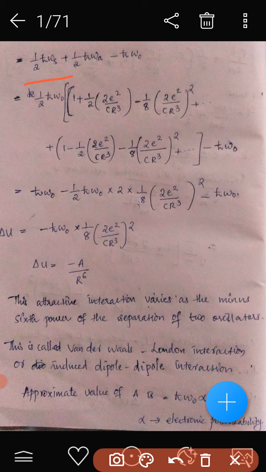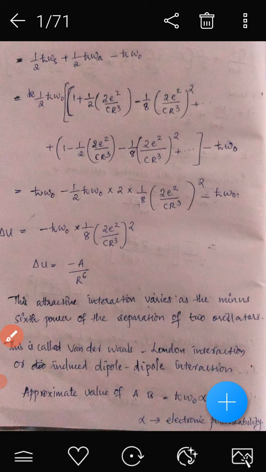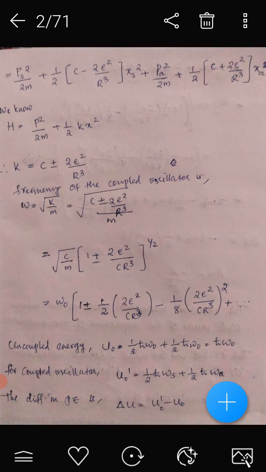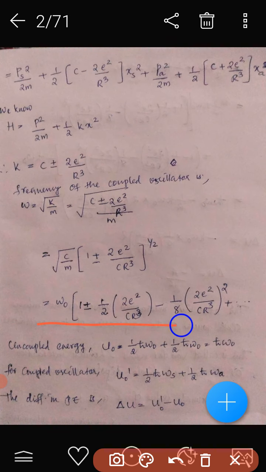Then I substitute the values of omega s and omega a here. For omega s it is 1 plus the next terms, and for omega a it is 1 minus.